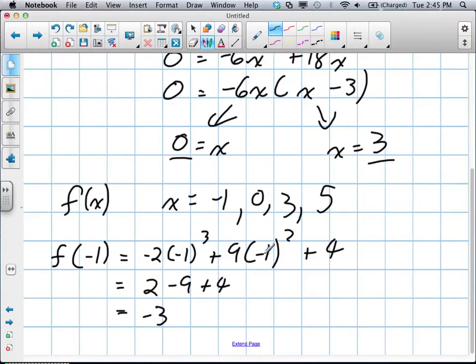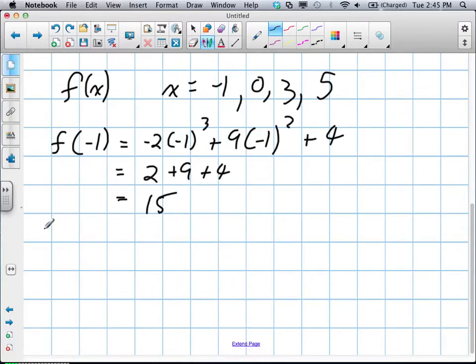Negative 1 squared is positive 1. That gives us 2 plus 9 plus 4, which is 15. Okay, maybe this is a maximum. Let's find out. Our next point was f of 0, which is negative 2 times 0 cubed, plus 9 times 0 squared, plus 4. That's just going to be 4.